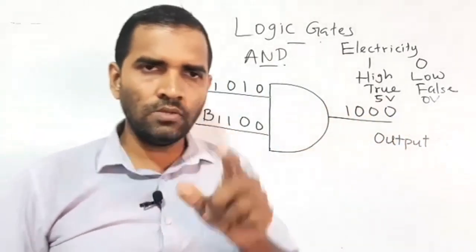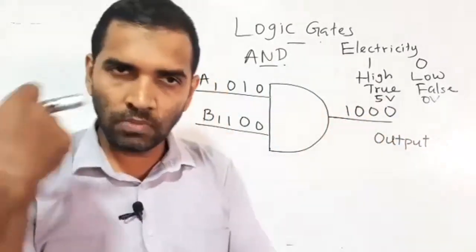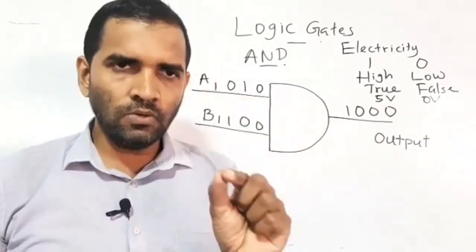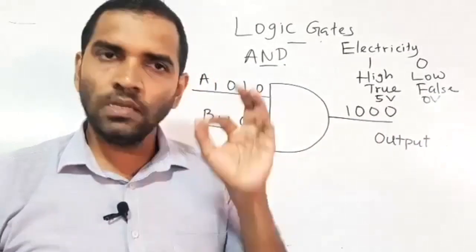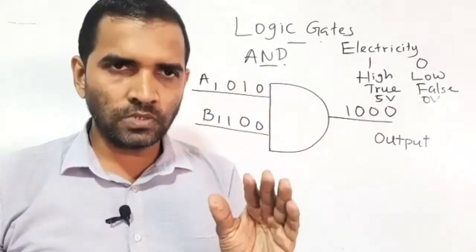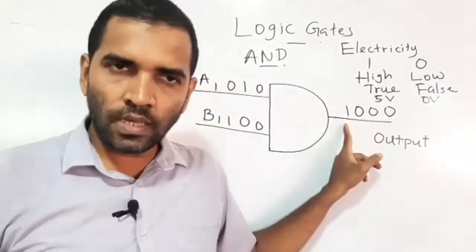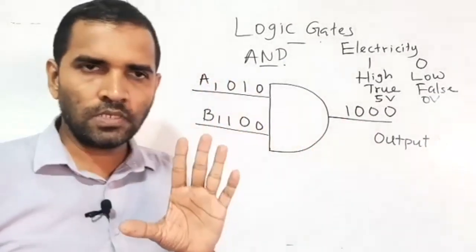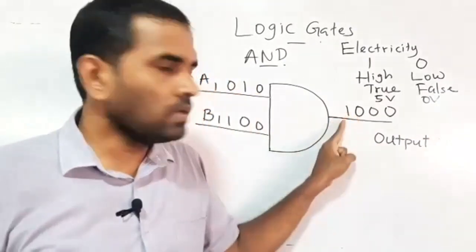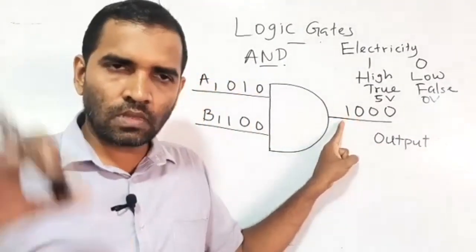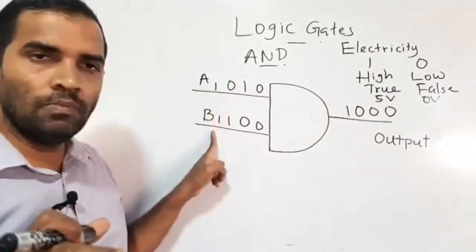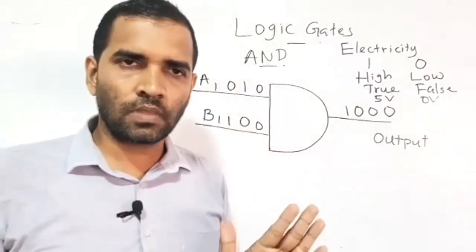So I tell you the behavior of AND gate. AND gate produces electricity as output when all the inputs have electricity. I repeat it, AND gate gives electricity as output when all the inputs have electricity.